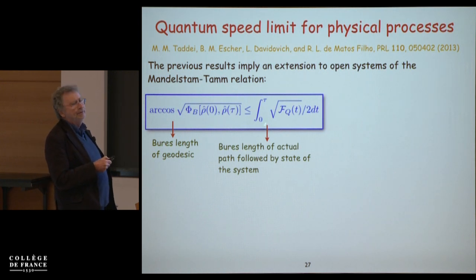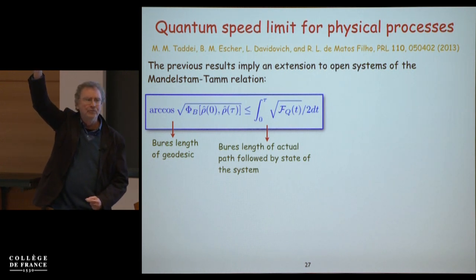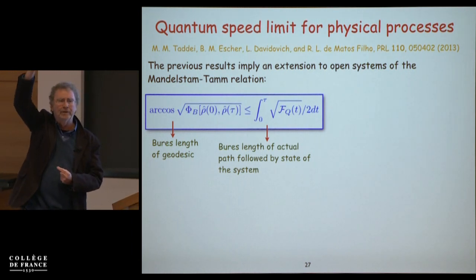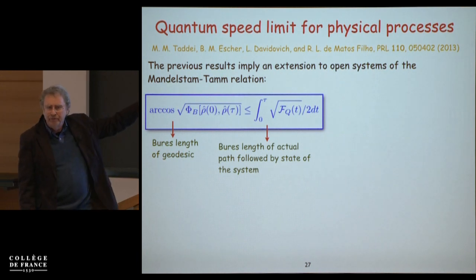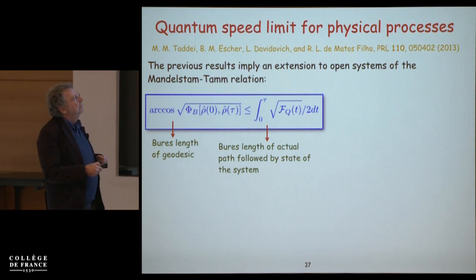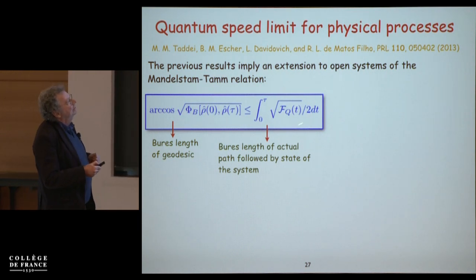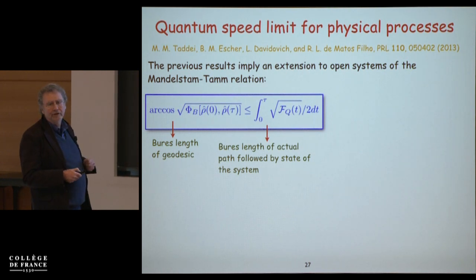Remember, this is the speed. Times dt integrated from 0 to tau gives me the path followed by the system according to the dynamics, which is embedded into the quantum Fisher information, which is a function of time. So this is just saying that the Bures length of the actual path followed by the state should be larger or equal than the length of the geodesic connecting the two states.